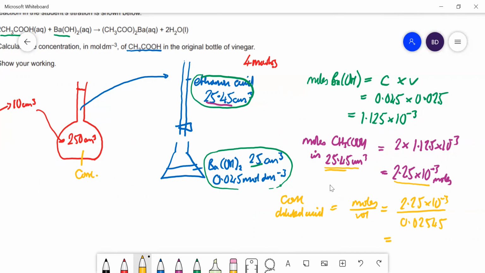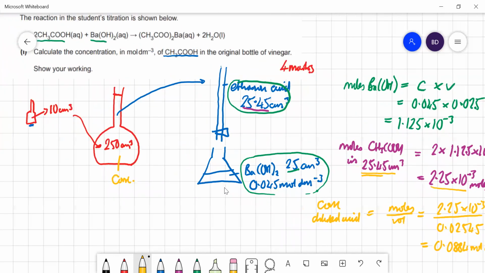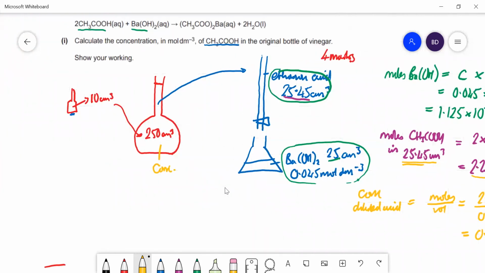That is equal to 0.0884 moles per decimeter cubed. So let's write that down here. We know the concentration of the diluted vinegar: 0.0884 moles per decimeter cubed.